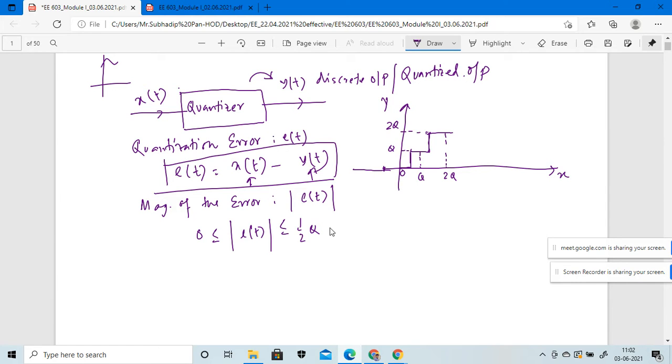Again, we consider the negative plot like this.